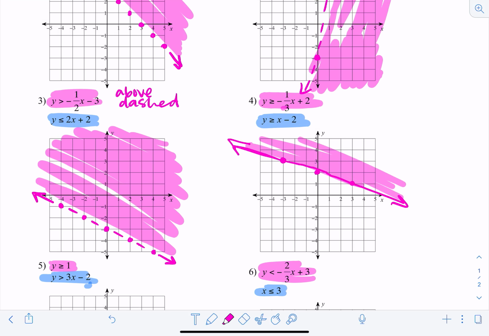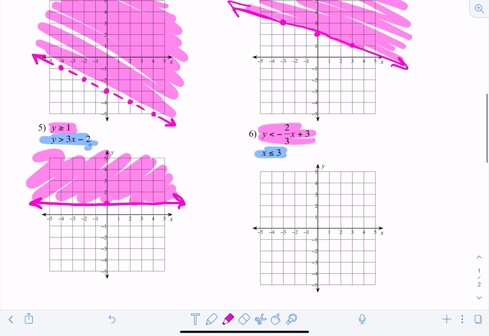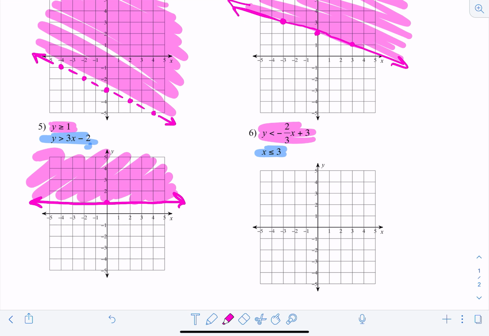We are above. Now we have some vertical lines and horizontal lines. Y is greater than or equal to 1. That means it's going to be a horizontal line through 1, and we're shading above. Number 6, y is less than -2/3 x plus 3.